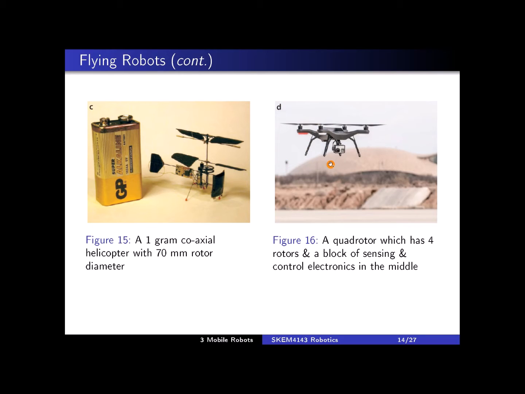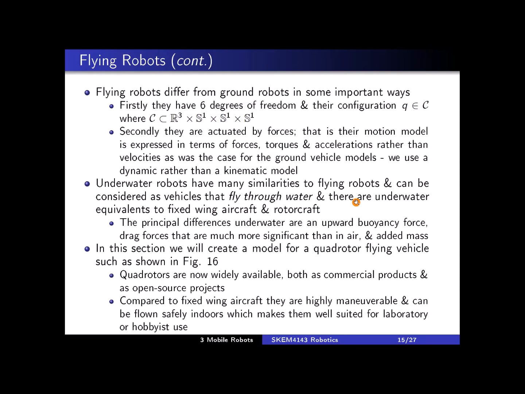And because there will be a flow of air masses downwards, there is an opposing force upwards that we will call thrust, and that will enable the rotorcraft to fly. So in this section, we will create a model, which means a mathematical equation governing the behavior or the dynamics of our quadrotor, as shown in figure 16.